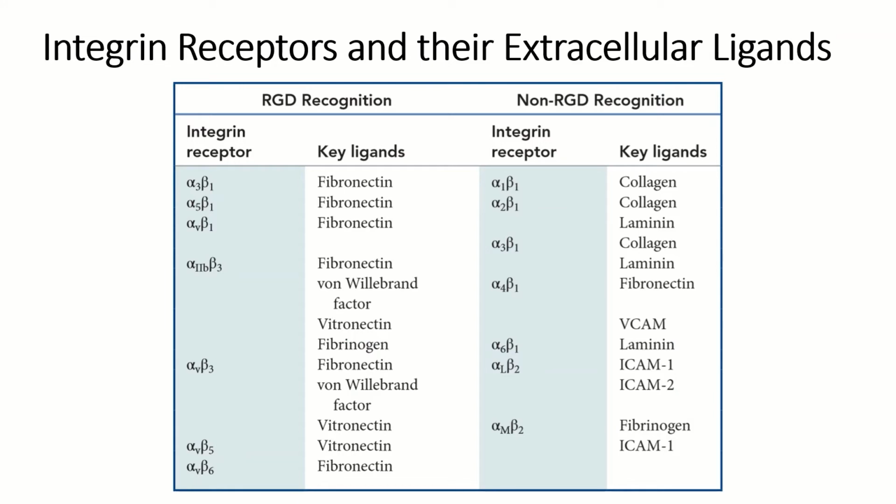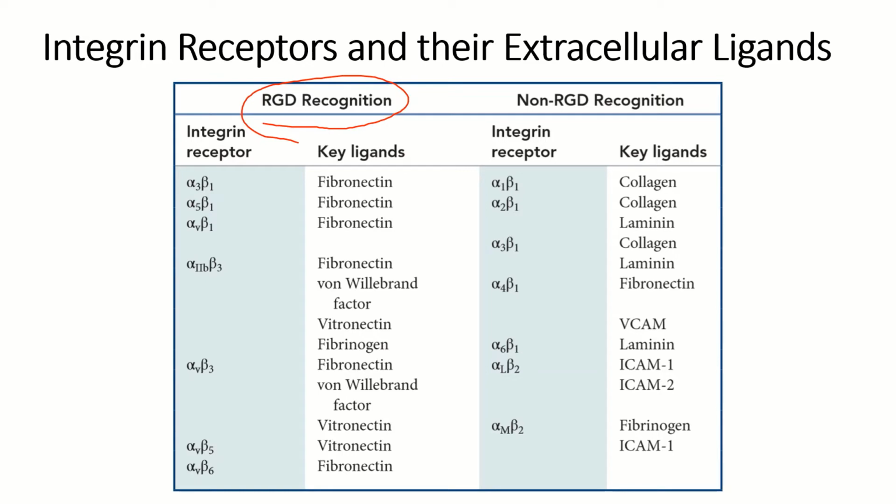There are many types of integrins depending on what type of alpha or beta subunits are present. Depending on the combination, as we see here, different types of integrins have different types of signals or ligands, as also listed here. We have those that are RGD recognizing, as shown in this column.